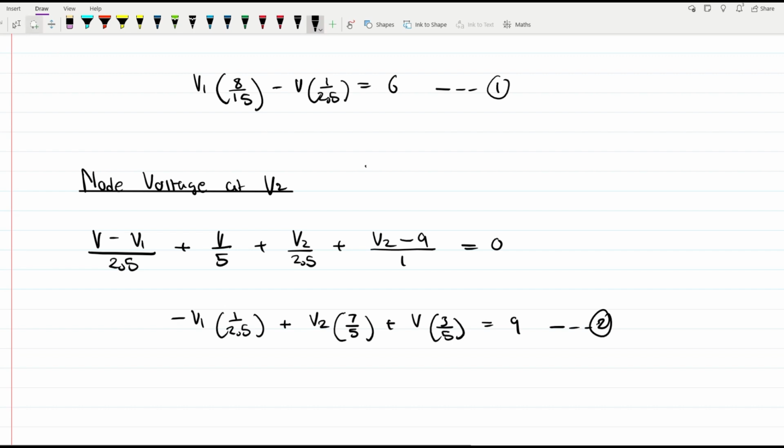So what we can do here is to move this V1 to that side, and then we can say plus V2, multiply that by 0. So now we have 3 unknowns on equation 1, and then we have 3 unknowns on equation 2.